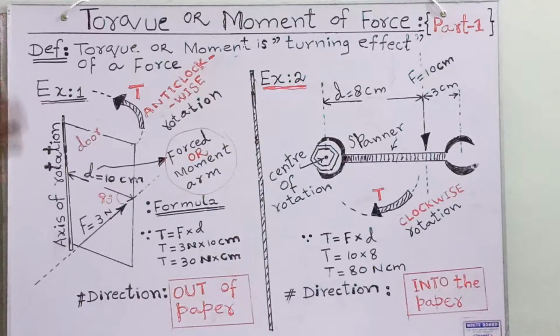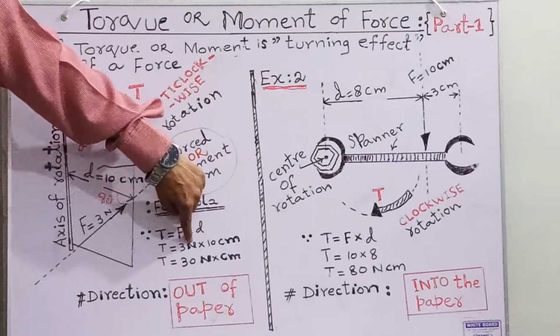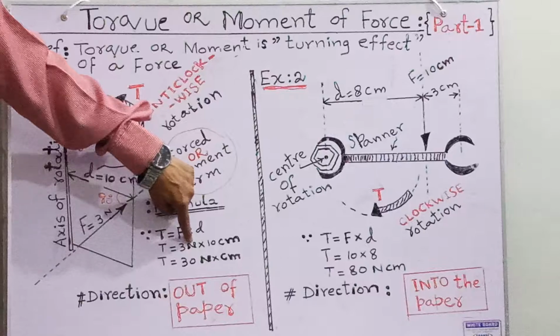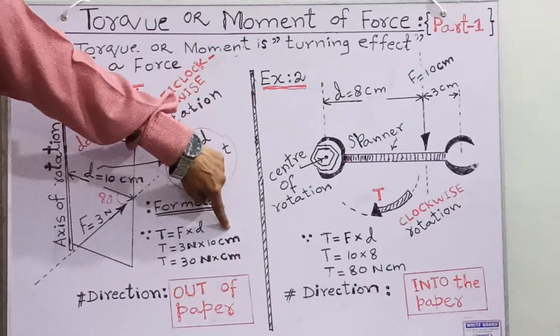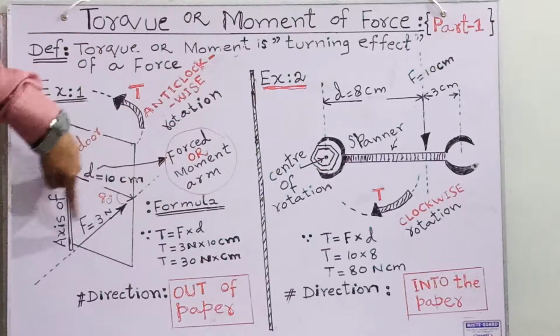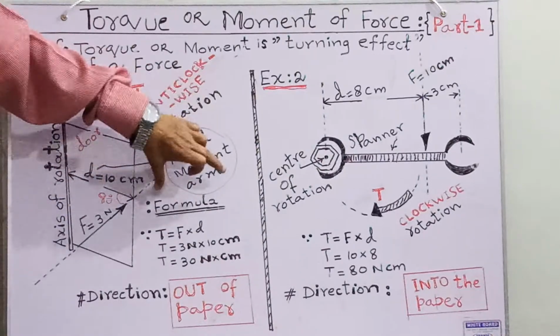Now notice one thing: in this step, I have written N, meaning Newton, which is the unit for force, and cm is the centimeter, the unit of length, for this perpendicular distance.